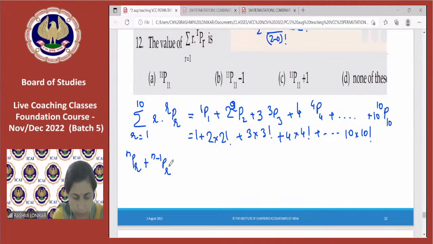So how much will this be? Remember the formula? nPr, can you tell me? Put it in the full form.